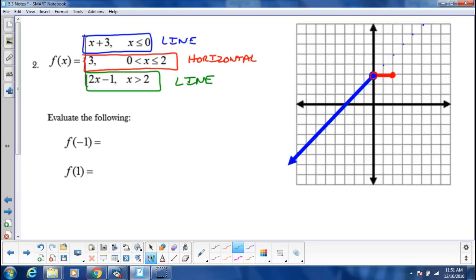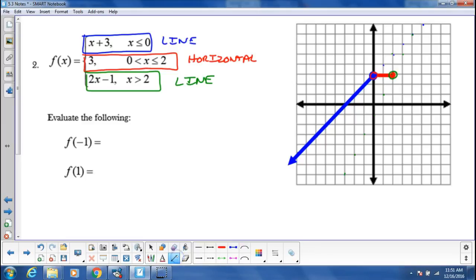Okay? Now here on the green part, I'm still going to graph that line. I'm still going to start down there at negative 1. And then I'm going to use my slope of going up to the right 1, up to the right 1, up to the right 1. I can go down to the left 1 if I want. Okay? But I'm not going to pick up drawing that line until I get to x equals positive 2. So wherever my line is at x equals 2, that's where I'm going to put my circle.